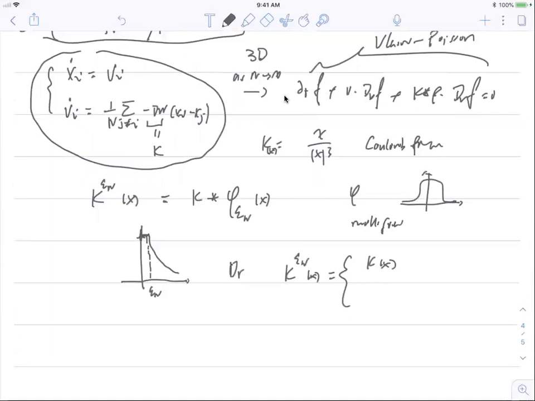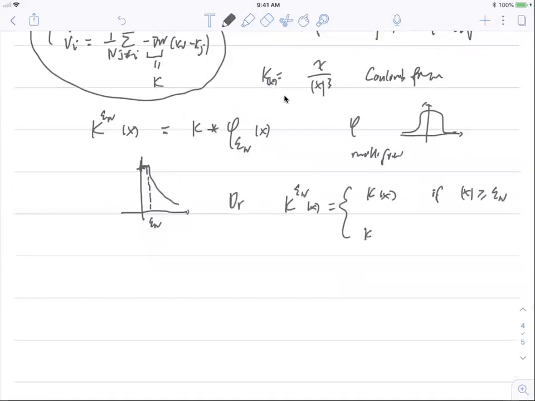If x is smaller, you just fix a value, and the value is x over |x|.